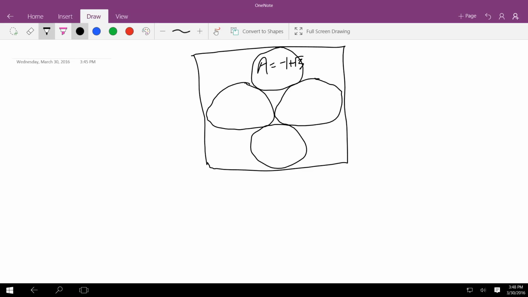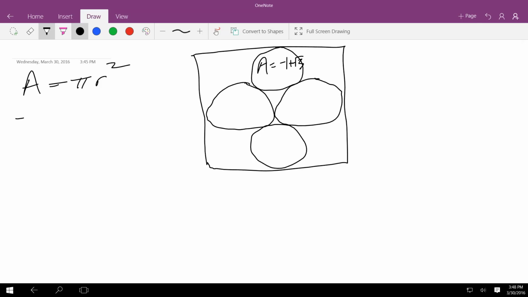Well, if you can figure out the diameter of one of the circles, because all the circles are equal, right? Correct. So let's do it. Area equals pi r squared.